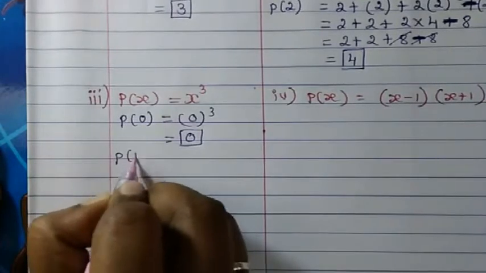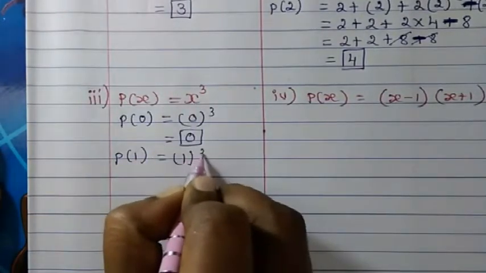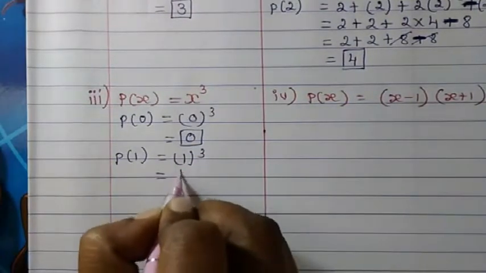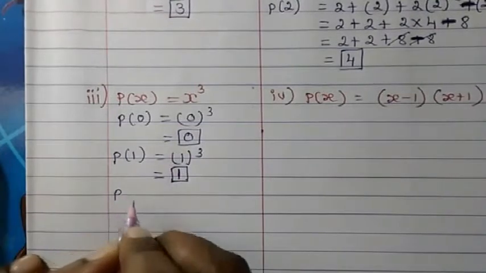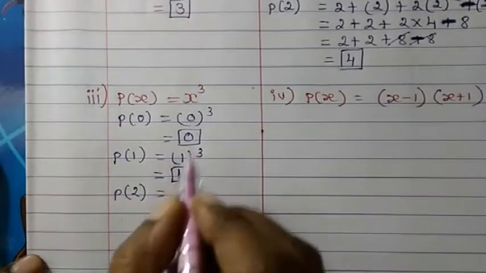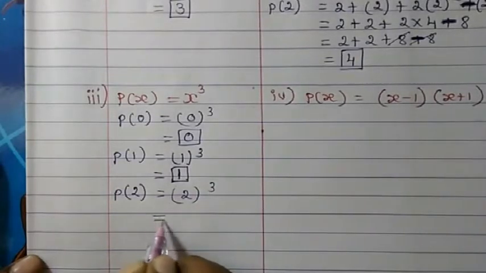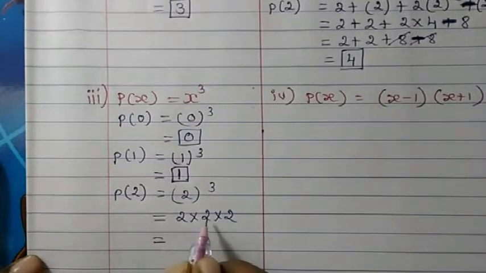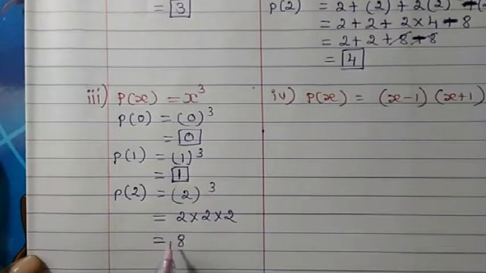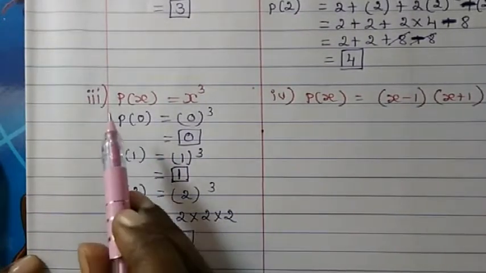Then for P of 1, in the place of x we will put 1 cube. 1 cube will be 1. And for P of 2, in the place of x we will put 2 cube. What is the meaning of this? 3 times 2: 2 2s are 4, 4 2s are 8. So 8.